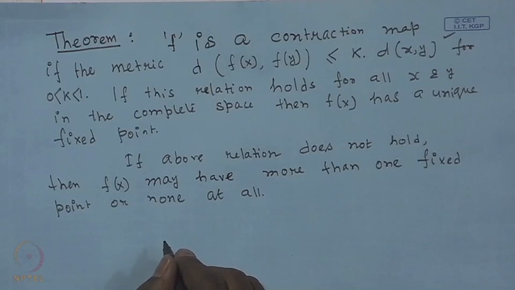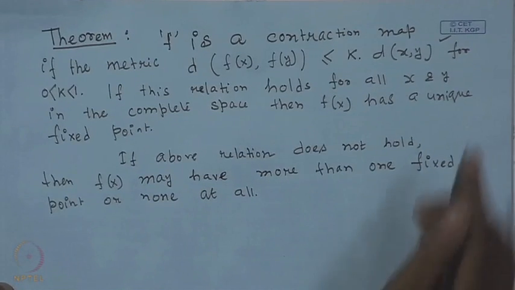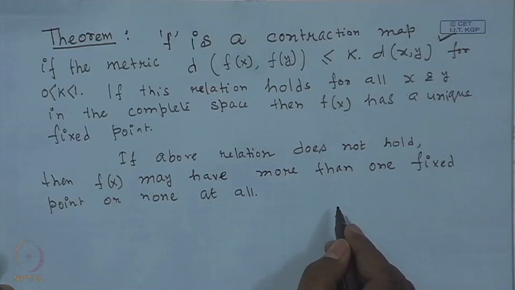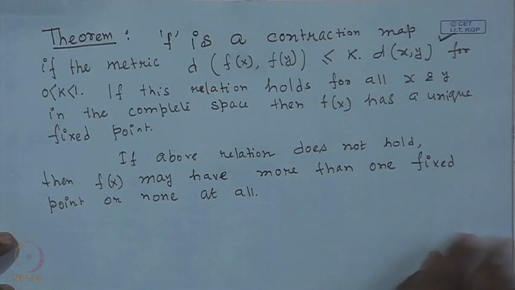So, if this relation does not hold, that does not mean that it will have more than one fixed point. It may not have any fixed point at all, but if this relation holds, it is ensured that you will have a unique fixed point. Okay, let us go into the proof of this theorem.